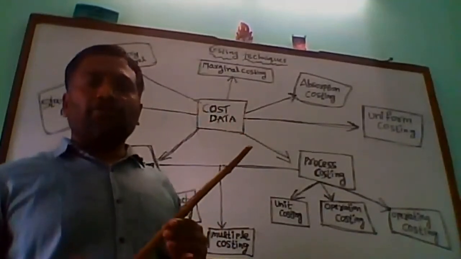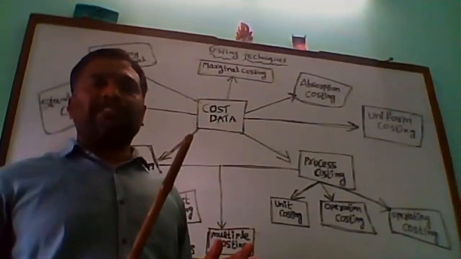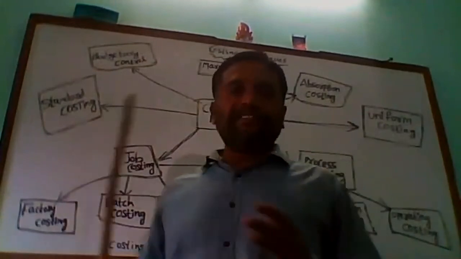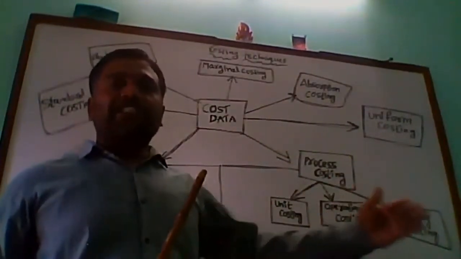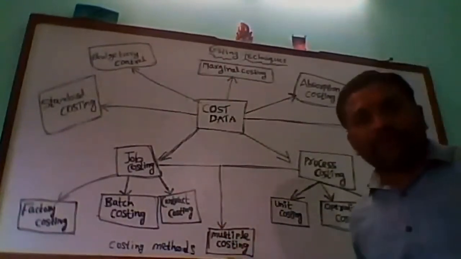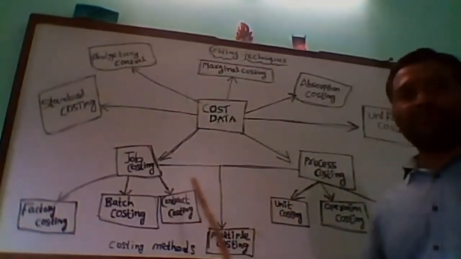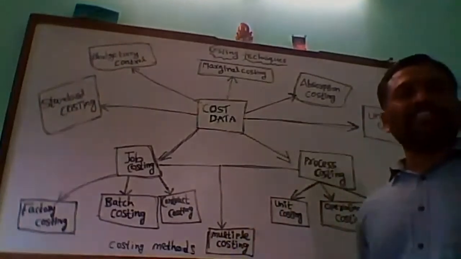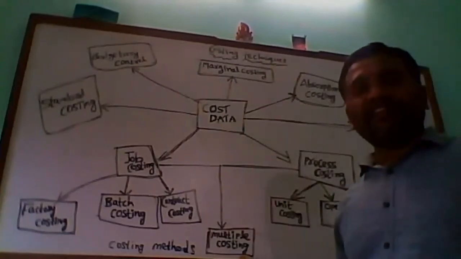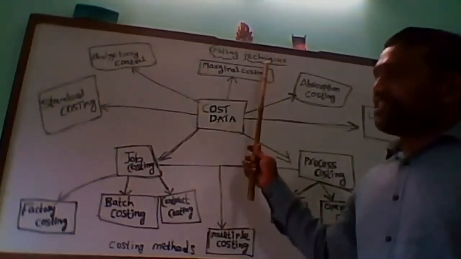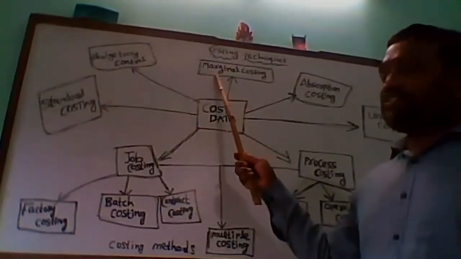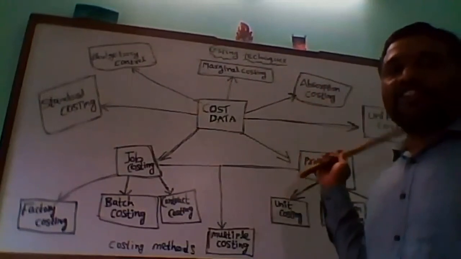There is one more different method. The people who produce products on an order basis and also use different stages use multiple costing. Both methods are recorded under multiple costing. So the costing techniques are standard costing, budgetary control, marginal costing, absorption costing, uniform costing.